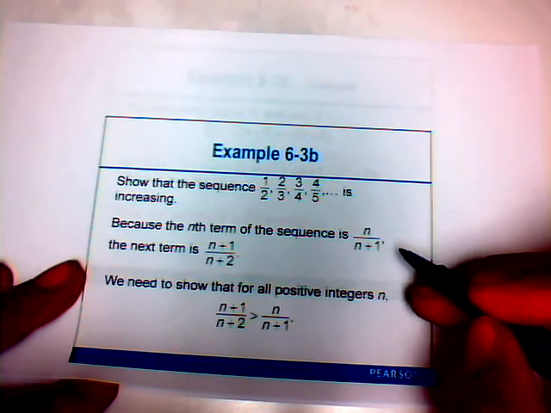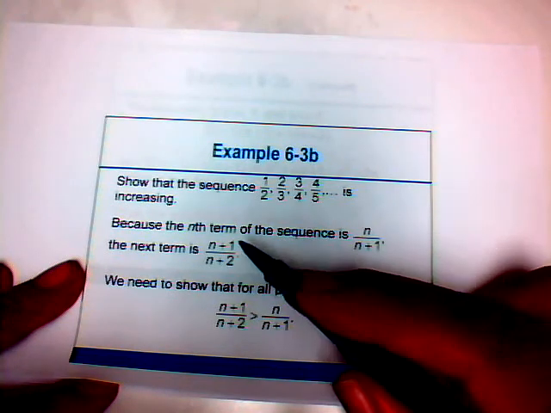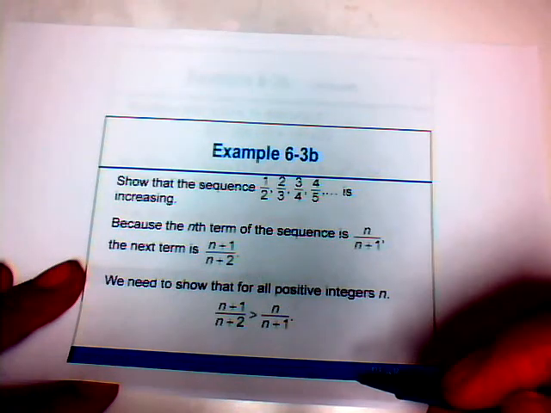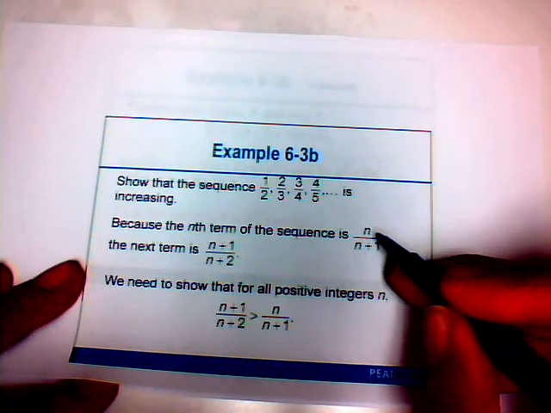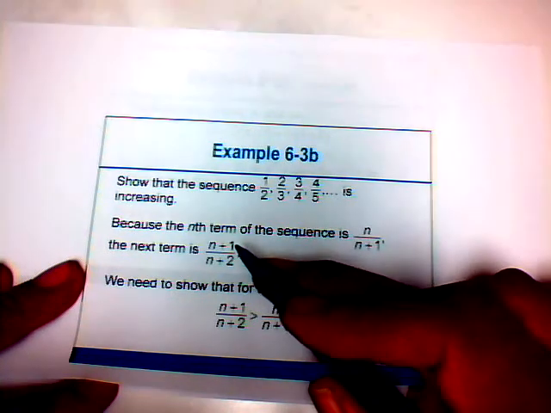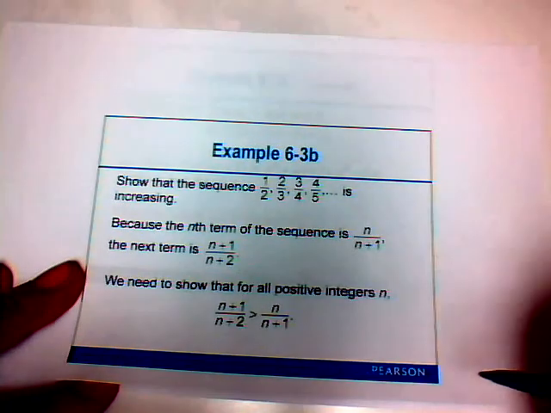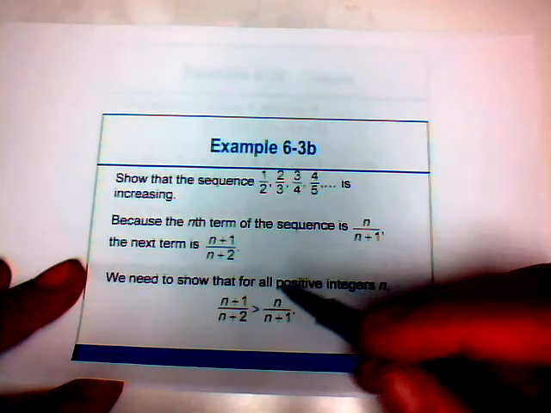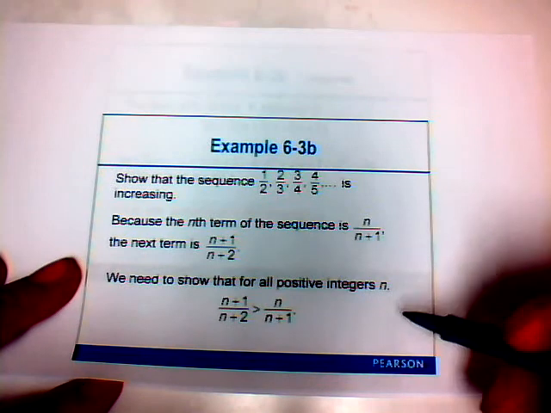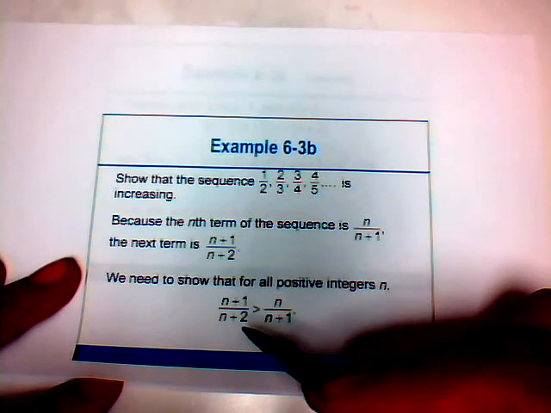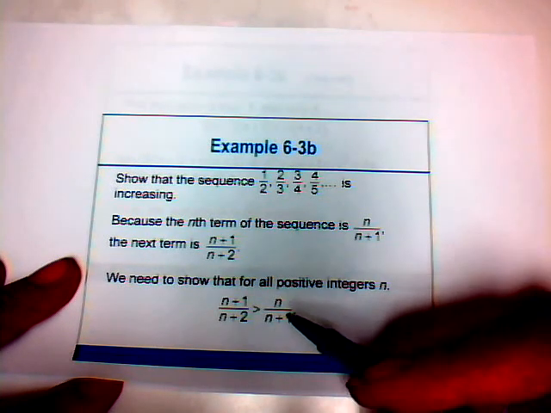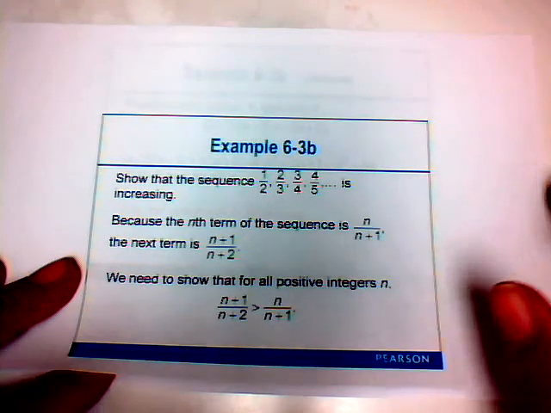Which means the next term will have to be n plus 1 over n plus 2, because if we increase the numerator by 1, you get n plus 1, and increase the denominator by 1, you're going to have n plus 2. So we need to show that for all positive integers n, n plus 1 over n plus 2 is greater than n over n plus 1.